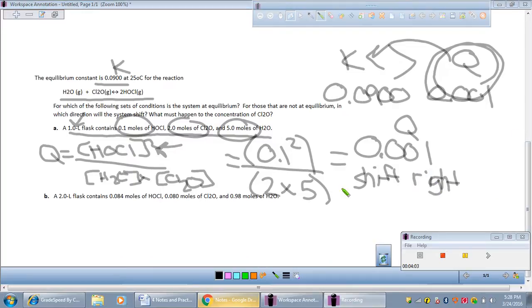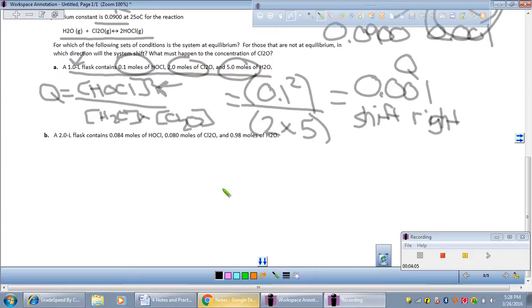All right, here's another one. Same reaction, so same equation for Q, but this time we have different concentrations. The liters is 2, so we must change our moles to molarity. So divide that by 2.